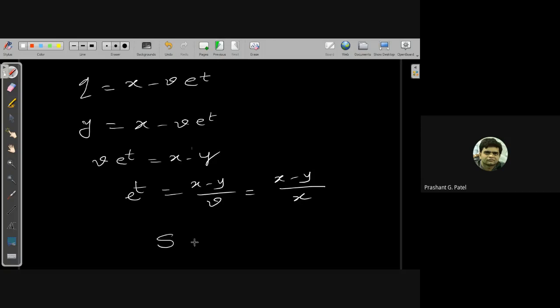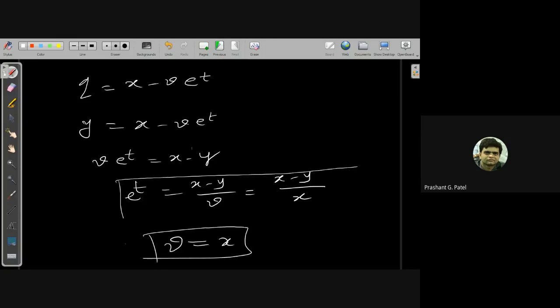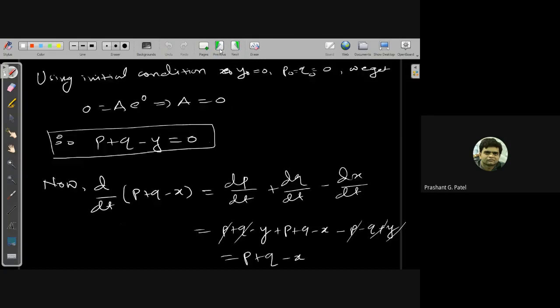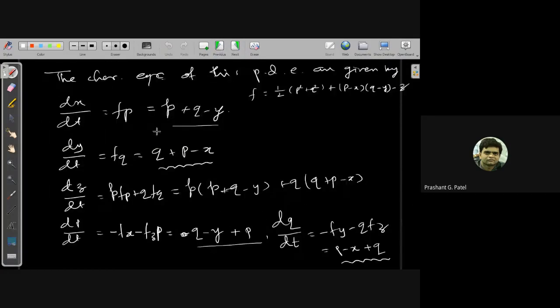The value of v is x, sorry, not value of s, but value of v is x. And value of e power t is this. And hence we have now dz by dt. dz by dt from that differential equation, that is this whole thing. Let me write.